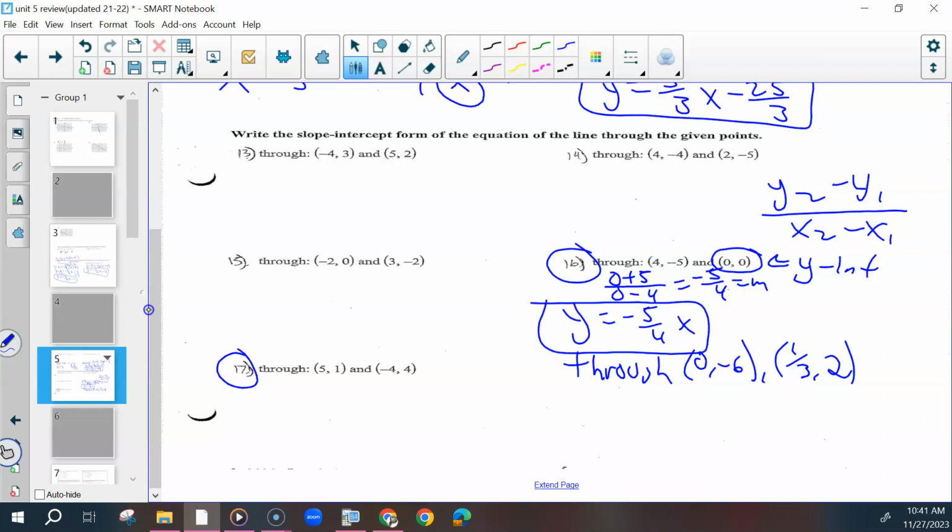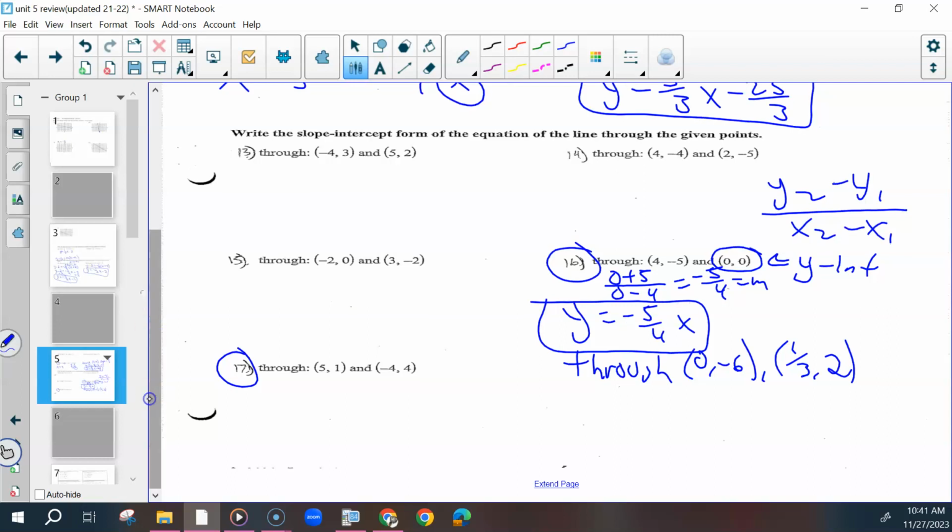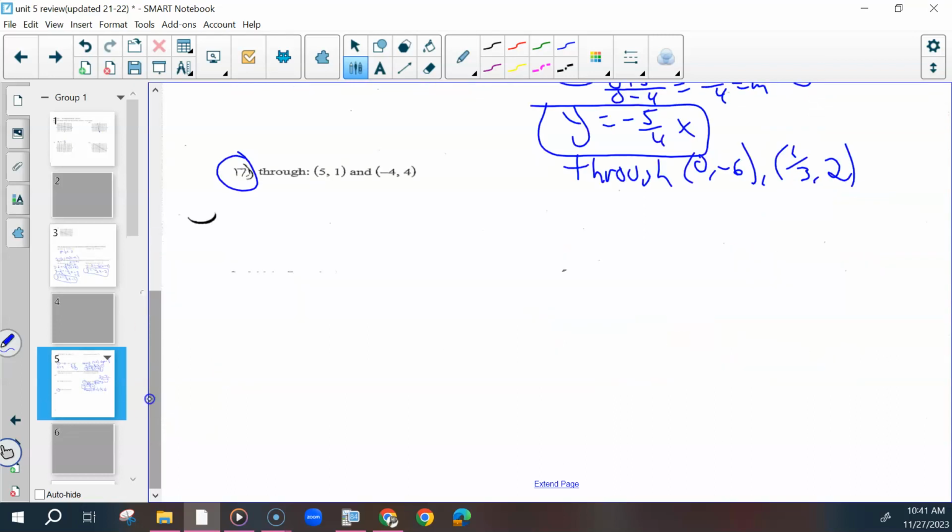Let's find the slope of 17 and then we'll stop. So 4 minus 1 over negative 4 minus 5.